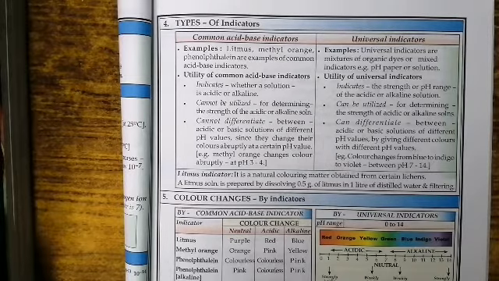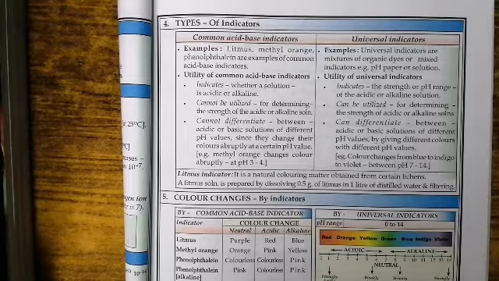Common acid-base indicators that we use in the lab mostly are litmus, methyl orange, phenolphthalein. These are some of the common acid-base indicators. Now, universal indicators are mixtures of organic dyes or mixed indicators, for example, pH paper or solution.